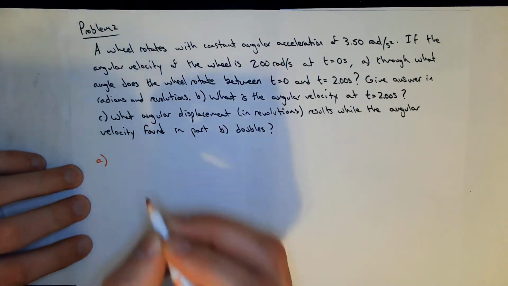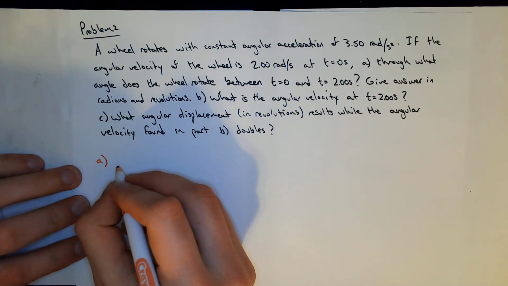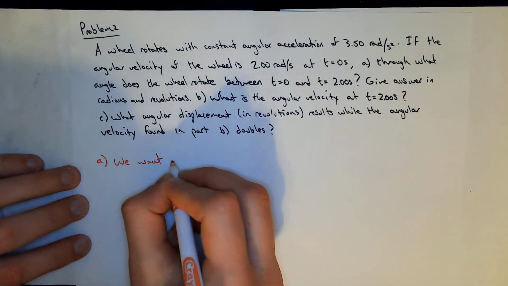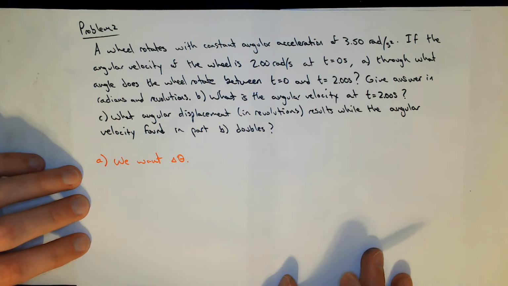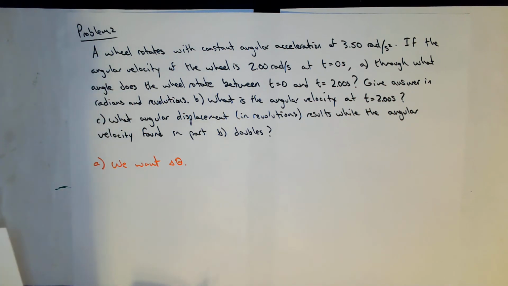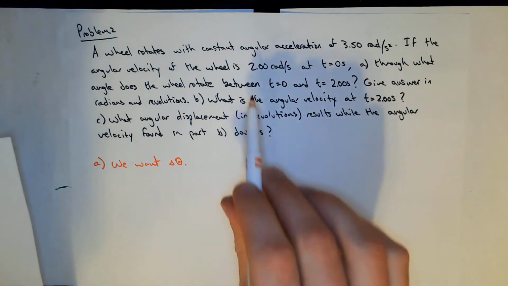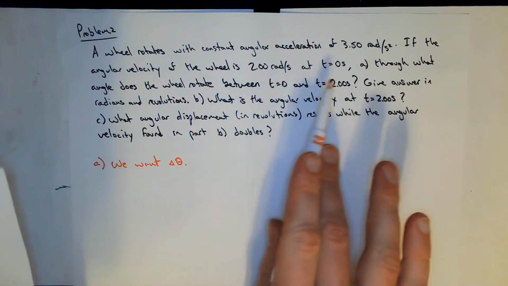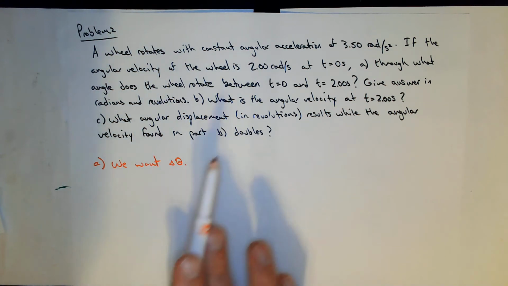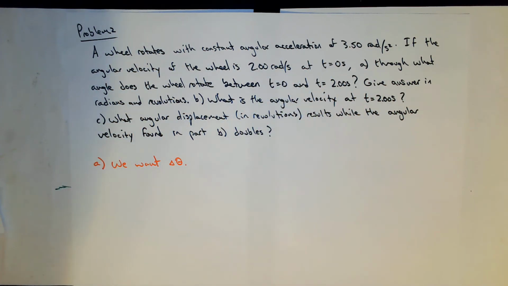Okay, so part A is asking for delta theta. We have omega initial to be 2 radians per second, because it's at time 0, the time span is going to be 2 seconds, and we have alpha.